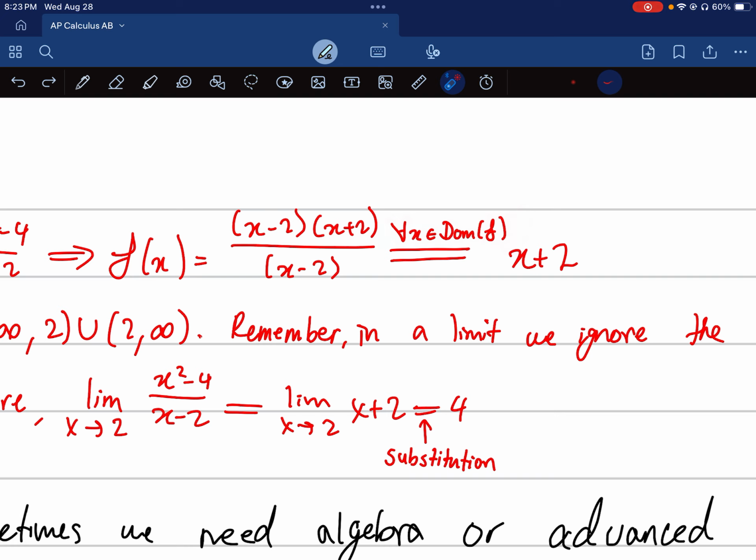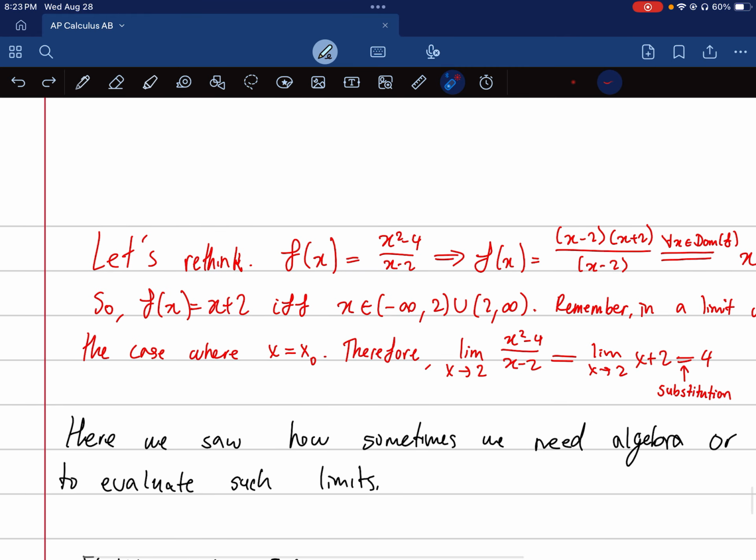Why? Because if x equals 2, then this does not work. We cannot cancel out because we're getting 0 over 0. So this only works if x belongs to the domain. But in that case, we get x plus 2. So f of x is equal to x plus 2 if and only if x is not equal to 2.